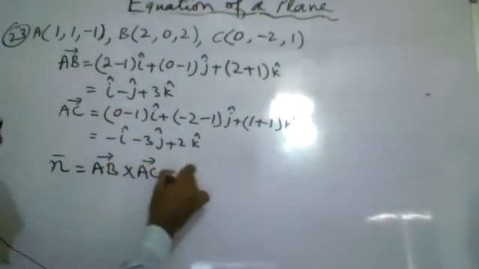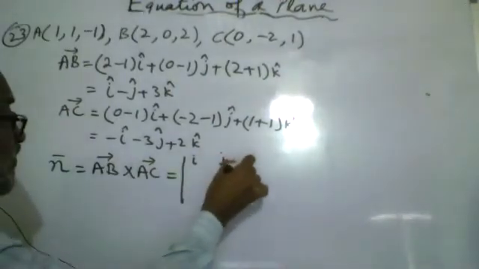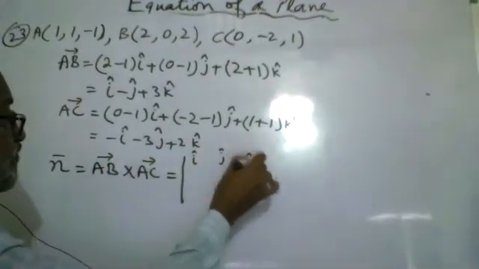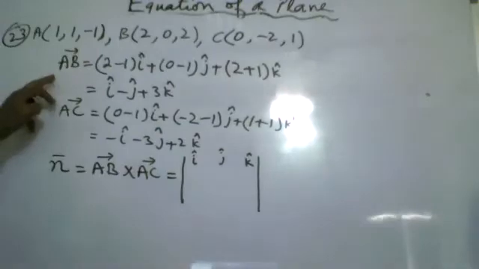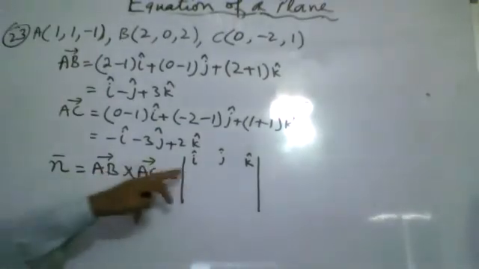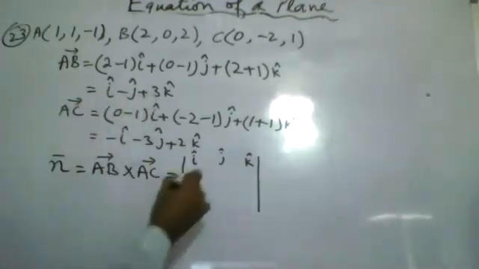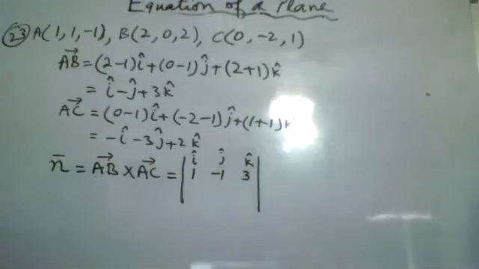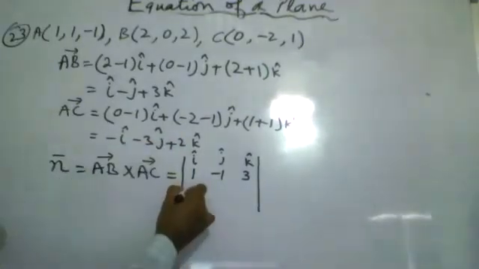We take the determinant with I, J, K. First we write AB: 1, minus 1, 3. And the vector AC: minus 1, minus 3, 2.